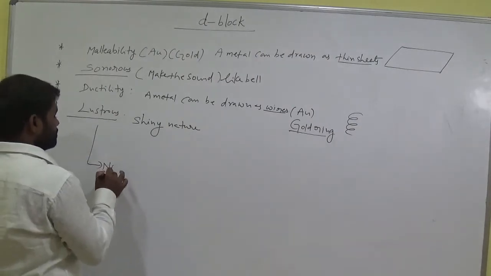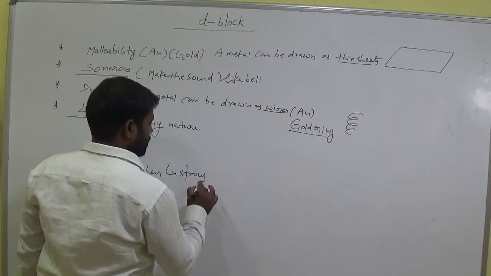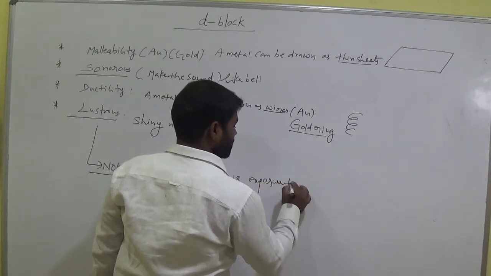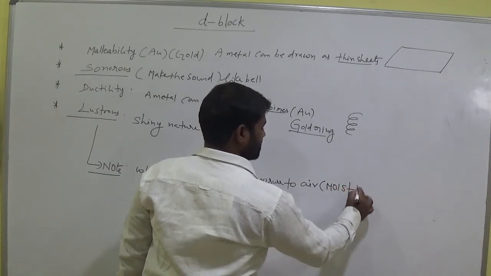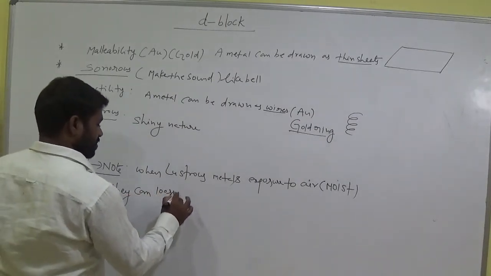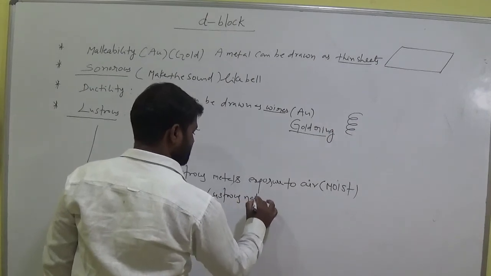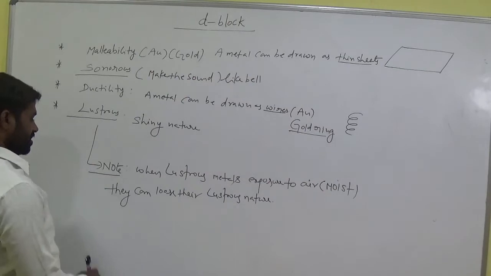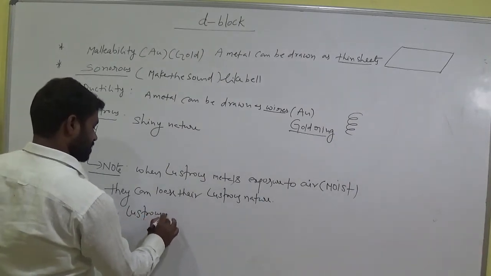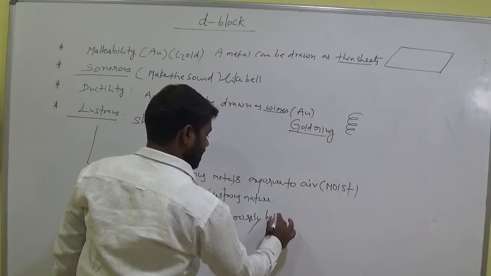Keep this in mind. When a lustrous metal is exposed to air or moisture, that is, in the presence of vapor, it can lose its lustrous nature, because lustrous metal has loosely held electrons.